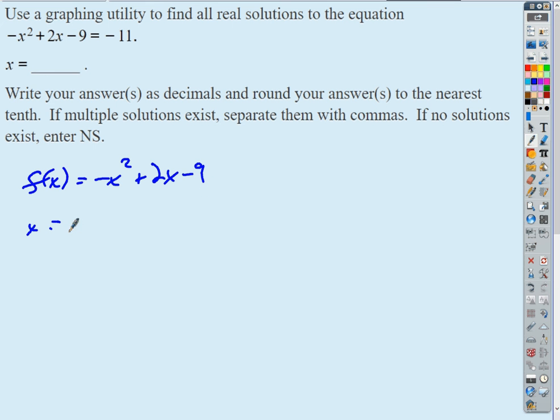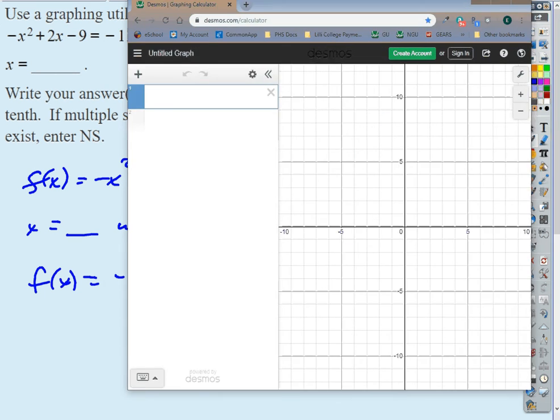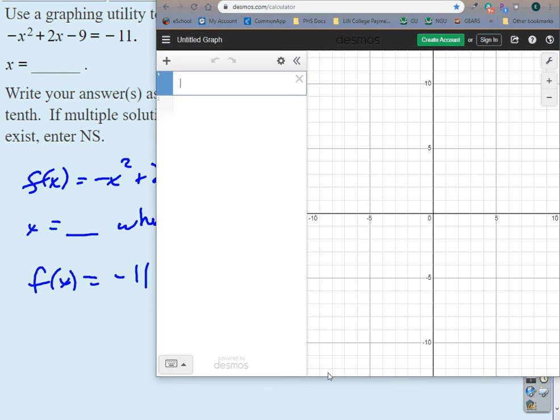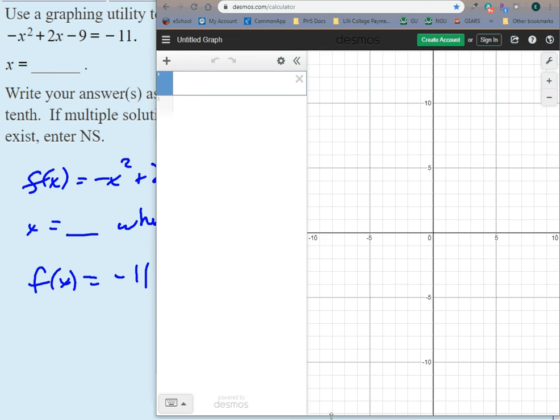I want to know x equals what when f of x equals -11, right? So all I'd have to do is go into my graph and ask the question, where does the graph have a y value of -11?